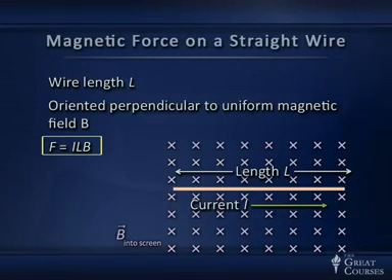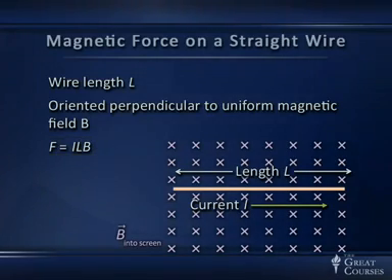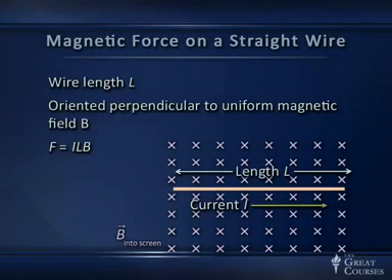But the important fact is it doesn't matter how fast the individual charge carriers are going or what their charge is. All that matters is their product, and that's what makes up the current. So it doesn't matter whether it's a few charge carriers moving fast or a lot of them moving slowly. The magnetic force on a conducting wire depends only on the current, the length of the wire, and the magnetic field.